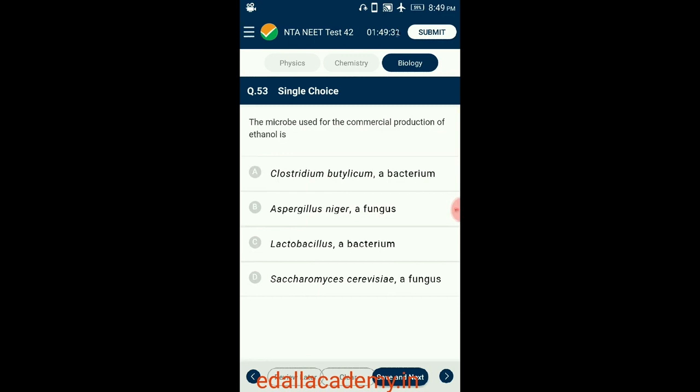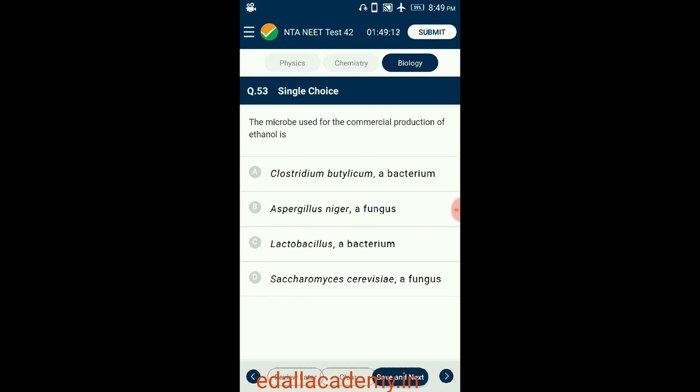Question number 53. The microbe used for commercial production of ethanol is Saccharomyces cerevisiae. It is a fungus. It is also known as yeast.